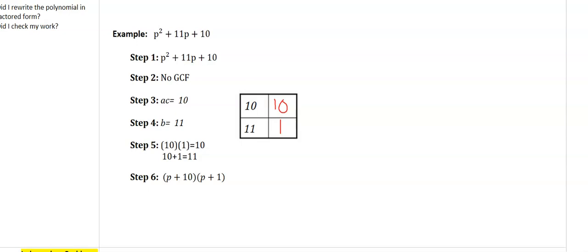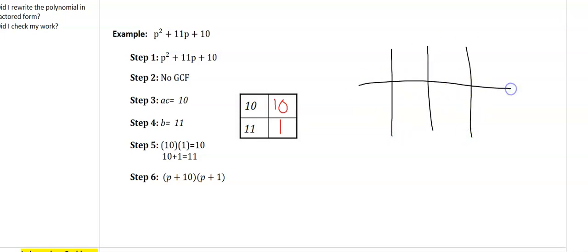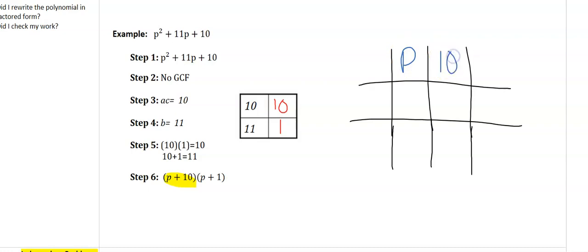Now, if I go through to double check our work, this time I'll use the box method. Okay, so I'm going to take my p plus 10 and plug it up here. I have p and 10.